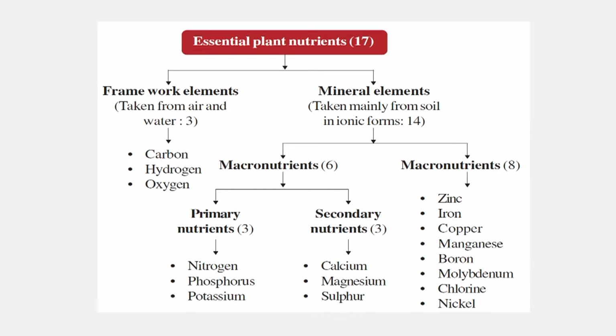There are also 8 micronutrients, of which zinc, iron, copper and manganese are the cationic micronutrients, while boron, molybdenum and chlorine are the anionic micronutrients.